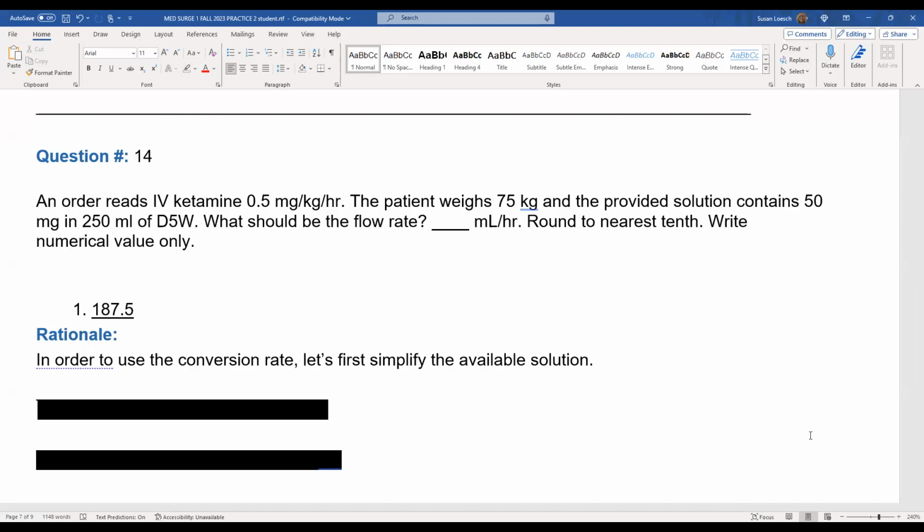All right, so when it's asking us the flow rate and we have an ordered dose and we have something on hand, we're going to use desired over half. We have 50 milligrams per 250. And what's ordered is 0.5 milligrams per kilogram per hour. We have 75 kilograms.